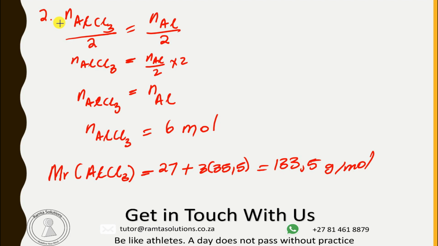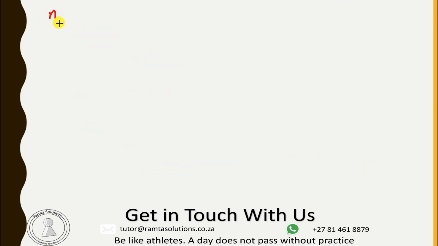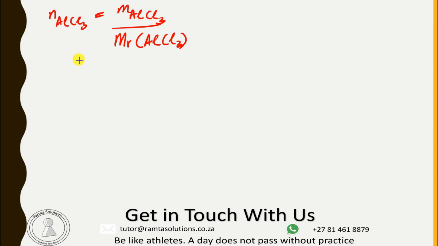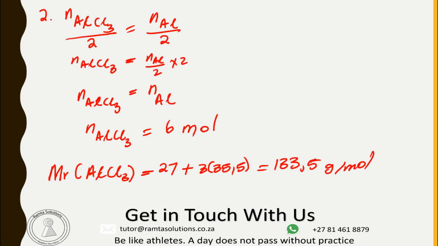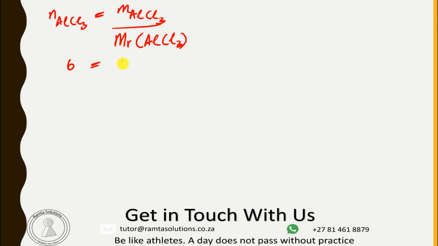Now, to find your mass, number of moles of aluminum trichloride is equal to mass of aluminum trichloride over Mr of aluminum trichloride. We said the number of moles of aluminum trichloride was 6. So it's 6 moles. Mass of aluminum trichloride over molar mass 133.5.